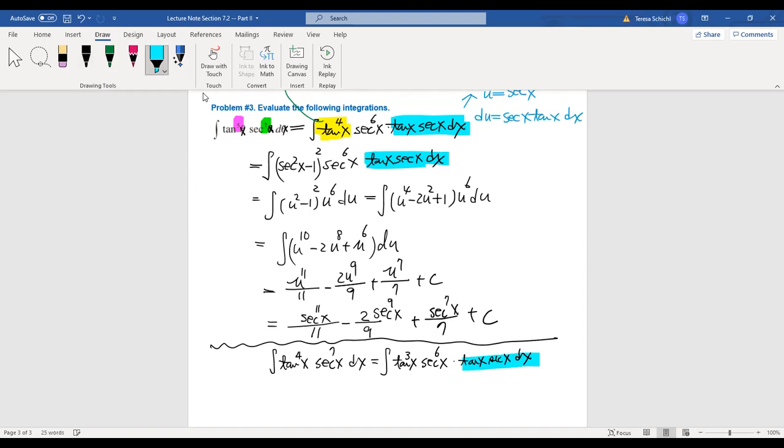Well, you can still have this as the du. But the problem here is the tangent cubed, so you cannot apply the identity. So you might need to use some other method like integration by parts or others. This type of problem becomes way more complicated than the basic trig substitutions here.